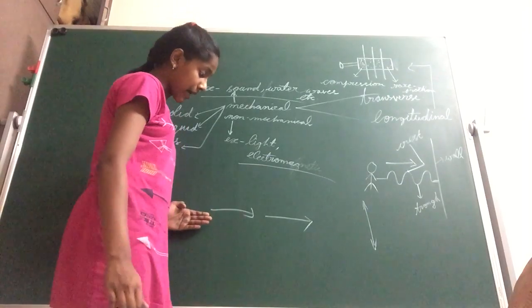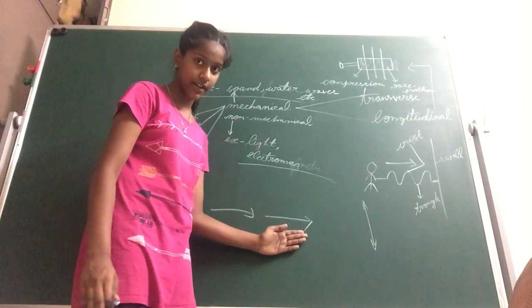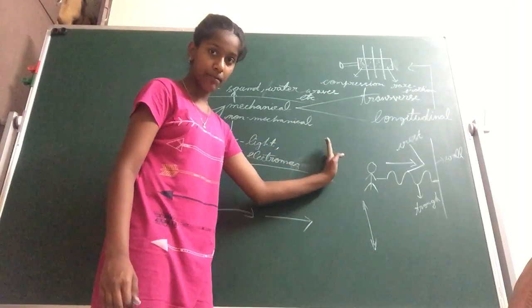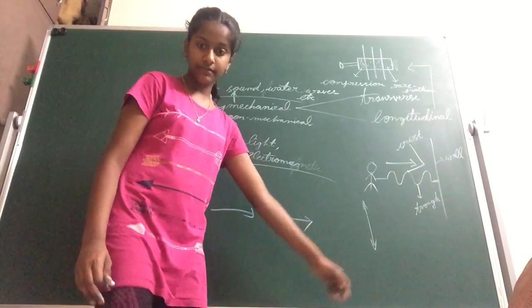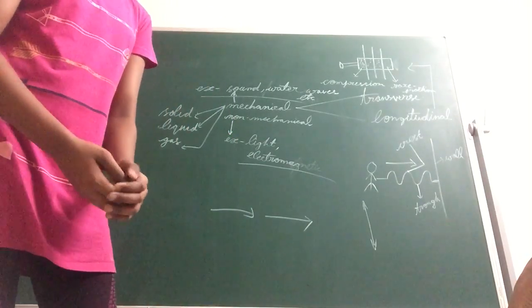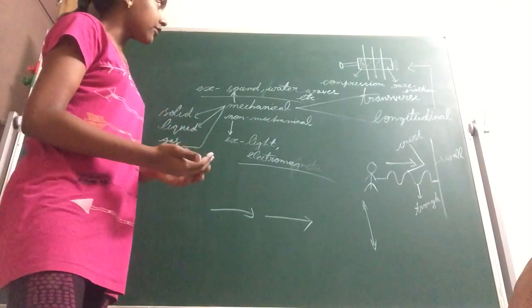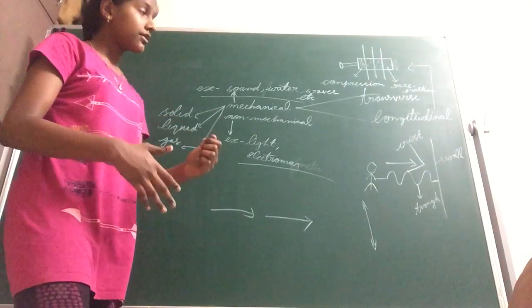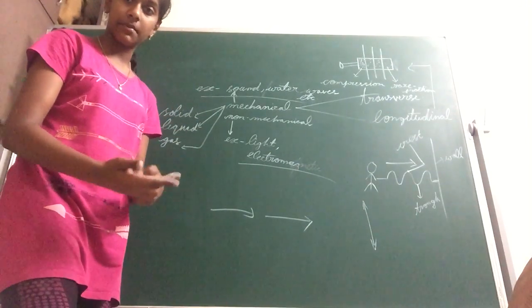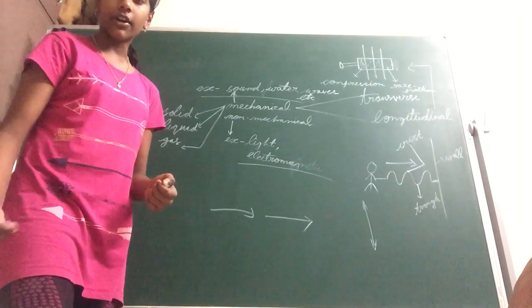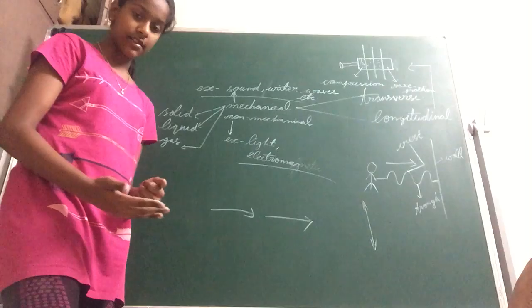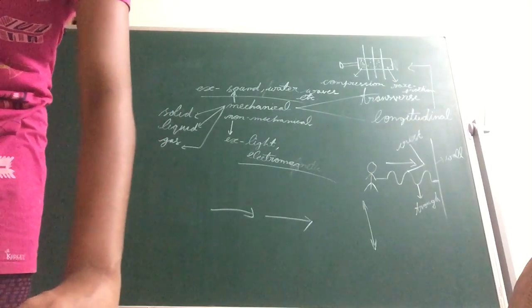So the direction of particles in longitudinal is this side, and the direction of particles in transverse is up and down. For transverse waves, mostly solid and liquid are used as the material medium, and longitudinal waves mostly use gases as the material medium.